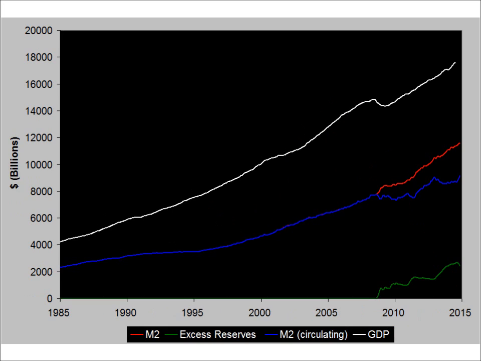Okay, here I show the GDP curve in white on the chart as before. The other curves represent measures of money quantity. Notice I've included a green curve at the bottom of the chart. This green curve represents what the Federal Reserve is calling excess reserves on deposit. Quite simply, it's the amount of cash held in the banking system in excess of what is required to be held at a minimum.